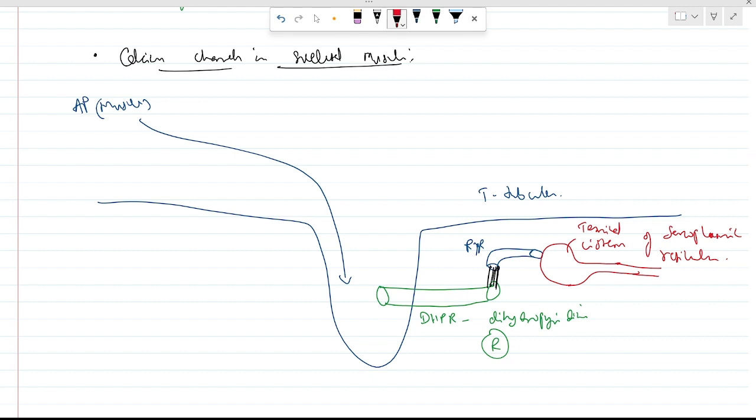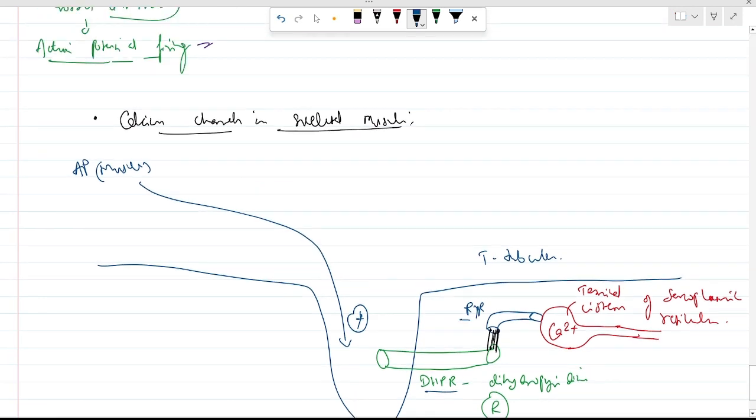The sarcoplasmic reticulum here contains calcium. We know this fact. This is our single most important ion. Action potential reaches here and it activates this T tubule. Now there is a dynamic action between DHPR and RYR.